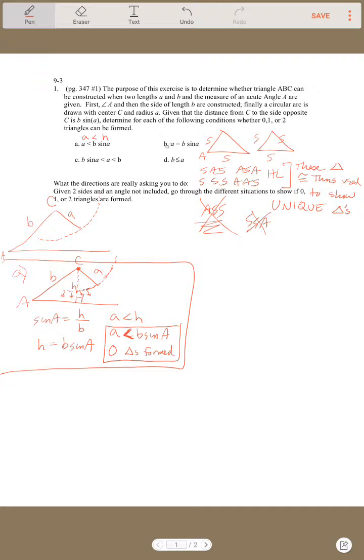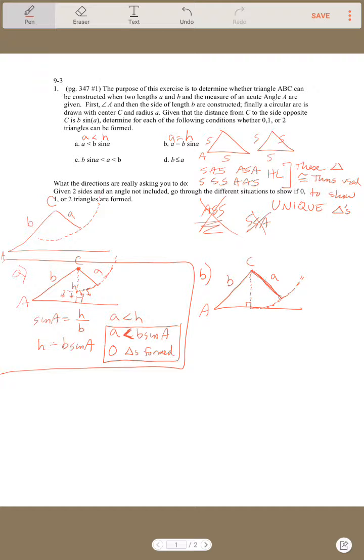So in our second scenario, we say that A is equal to B sine A. So in scenario B, let's draw this again, where we have angle A, we have side B, and again let's draw side A, but let's make it a little bit longer, because what's going to happen now is that as A is swinging, remember it's on a hinge, as A swings in that circular arc, what we'll notice is actually A is going to be able to represent the height of your triangle, because A is equal to B sine A. And we just saw from scenario A that B sine A is the same thing as the height of the triangle.